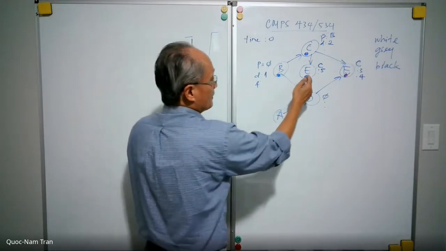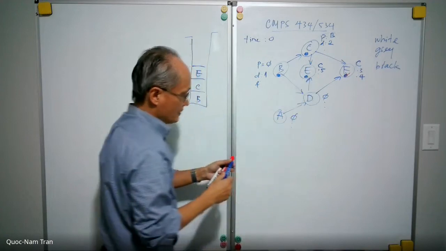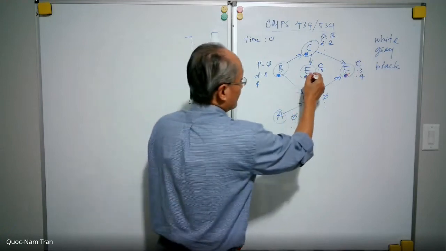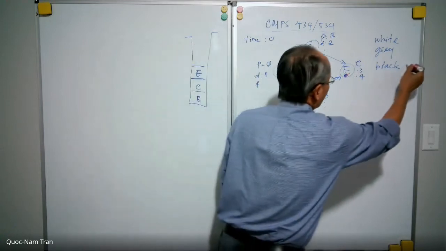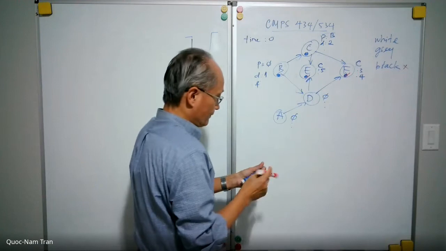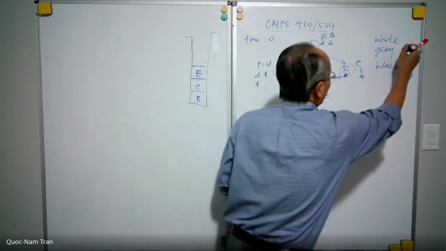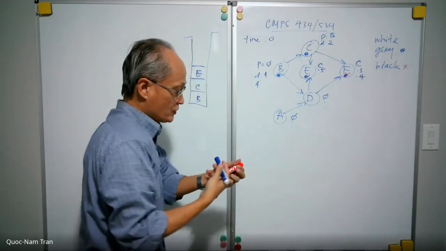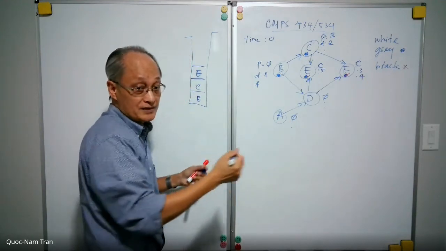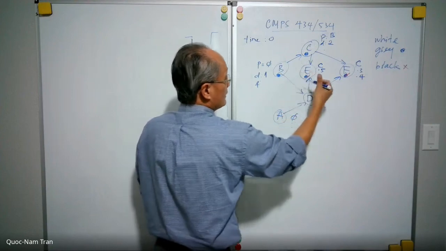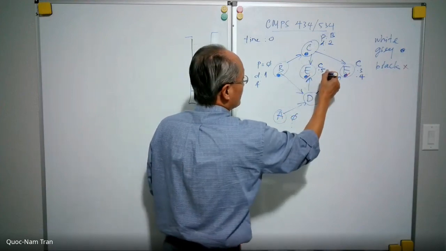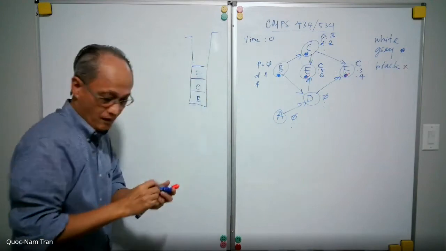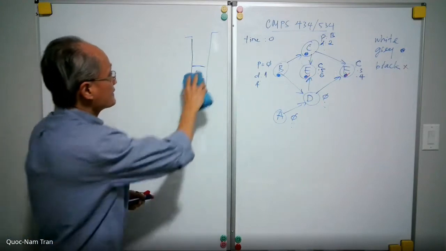So that said, we are finished working with this, and we change the color to black. When we change the color to black, we are finishing the node E. So we will have 6 here and pop it out of the working stack.